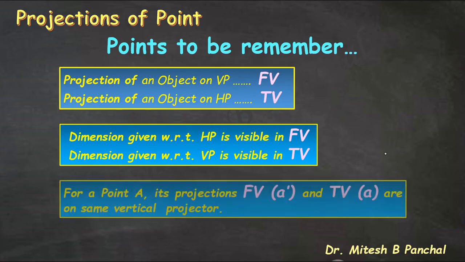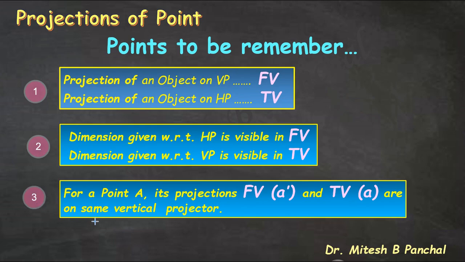And the last point is that for a point, its projections, that is front view and top view, are on the same vertical projector. So these are the three important points which we need to remember as far as projections of a point are concerned. Also, these points are required when we solve the further topics, that is projections of straight line, projections of plane, and projections of solid.